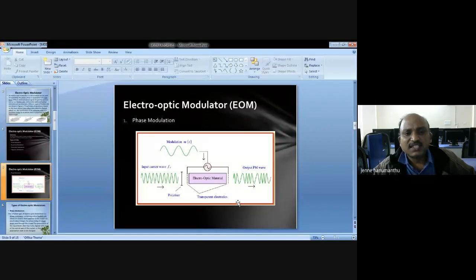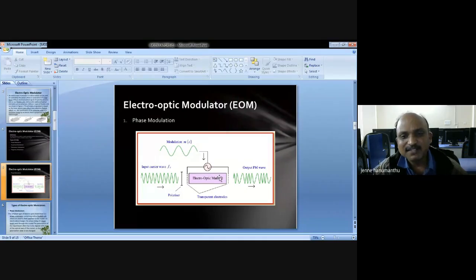And see, this is another example of how the phase is going to be changed. At one side, we are applying the input carrier wave, which is the laser beam frequency. Carrier here means the laser beam, and the modulating signal means our actual control input, m(t). fc is nothing but the carrier. These two inputs are given to the electro-optic material.